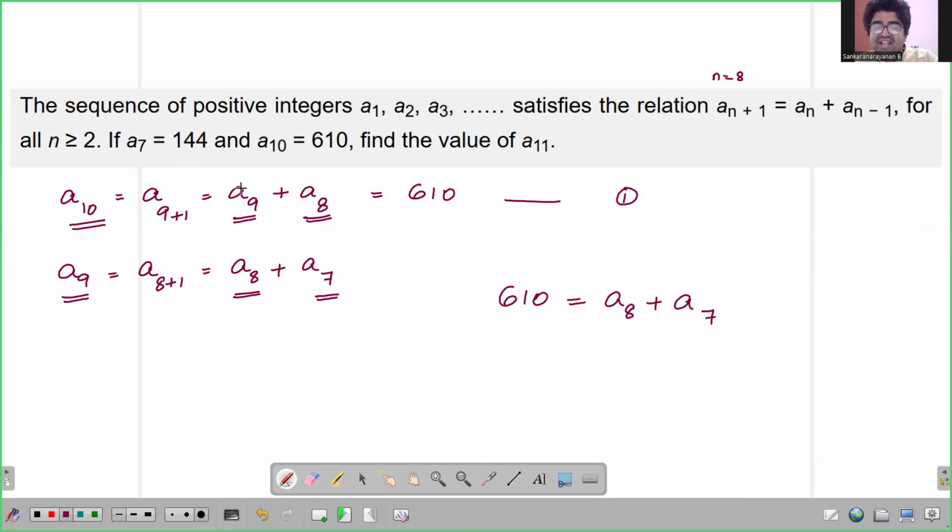So I am taking this A9 here, which is A8 plus A7, plus this value, that is A8. Putting them together, A7 is given in the question as 144. So will this not get me the value for A8?